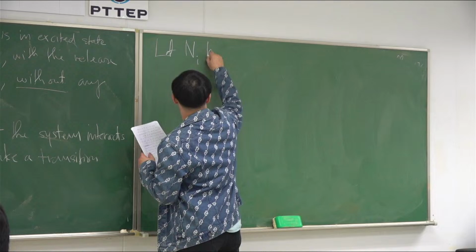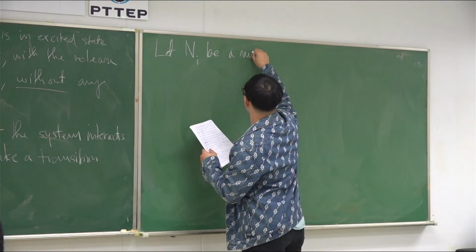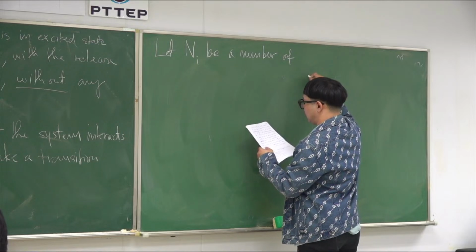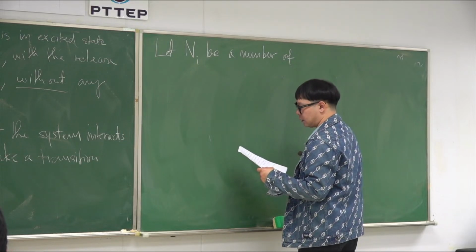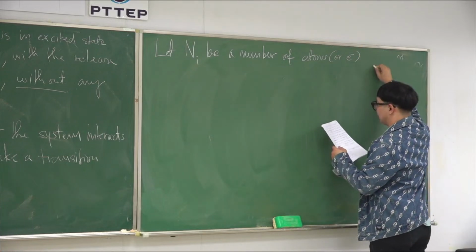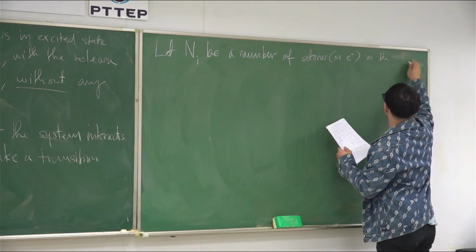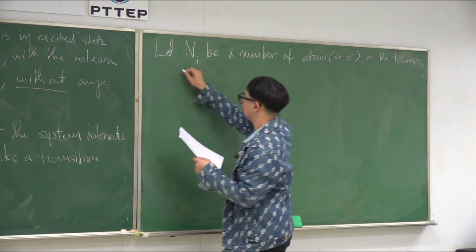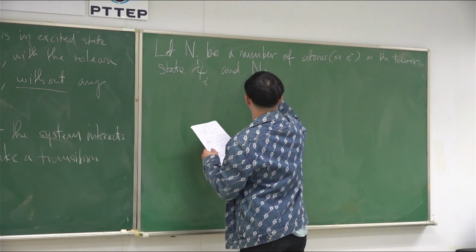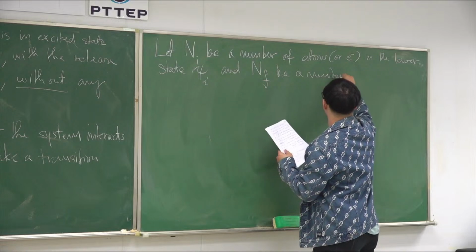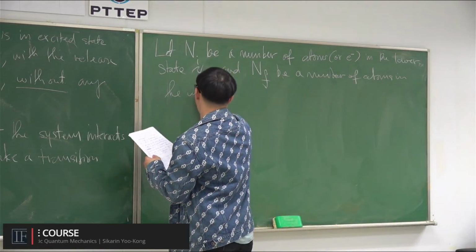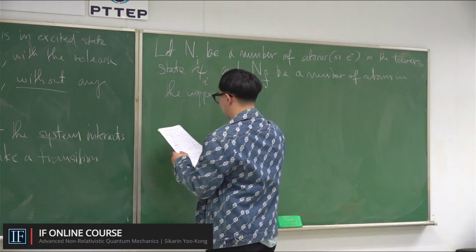Something like, let N_l be the number of atoms or electrons, maybe, in the lower state, and N_u the number of atoms in the upper state.